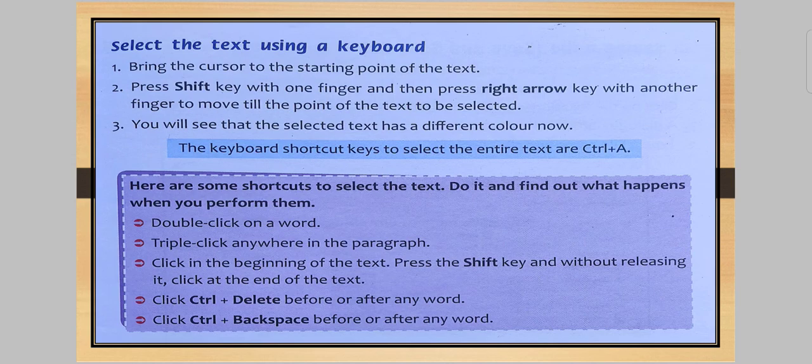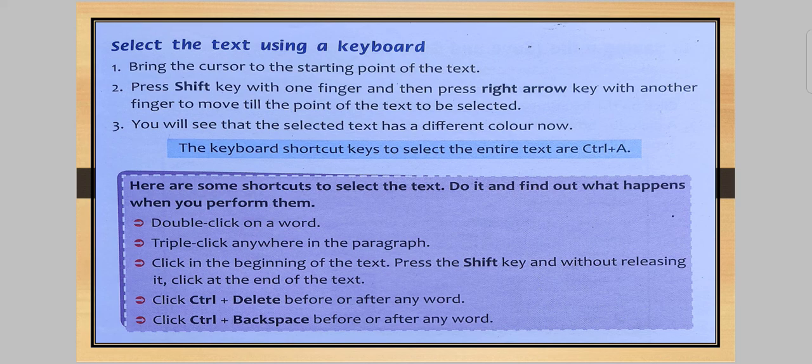So first is select the text using a keyboard. If you want to select the text by using a keyboard, you need to follow these steps. Bring the cursor to the starting point of the text. Then press the Shift key with one finger and press the right arrow key with another finger to move till the point of the text to be selected.